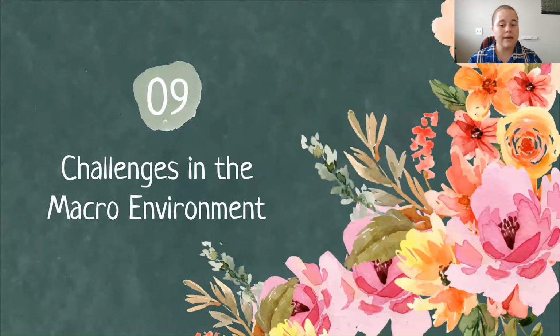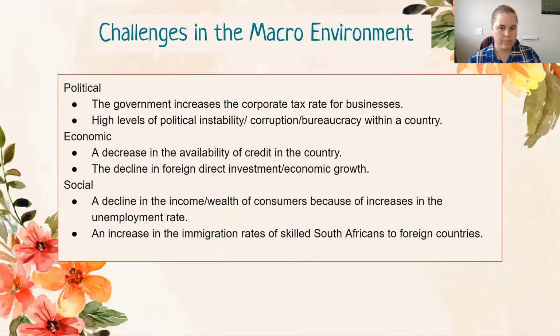Now we're looking at the macro environment and the challenges. So here we've got political. The government increases the corporate tax rate of businesses. High levels of political instability or corruption or bureaucracy within a country. Economic, a decrease in the availability of credit in the country.